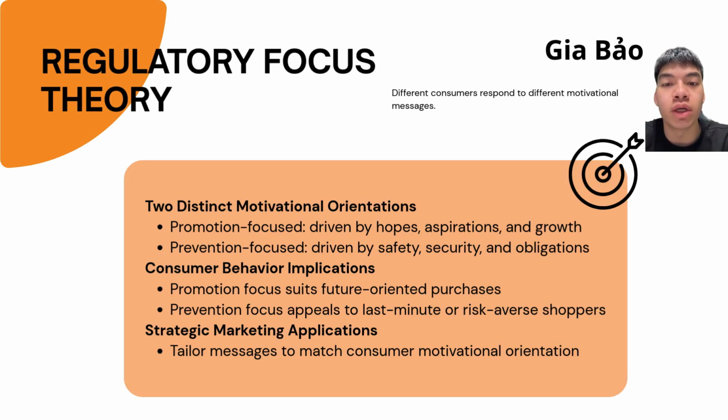Building on this, regulatory focus theory explains two different motivational orientations. On the one hand, the promotion focus means consumers seek growth and achievement. On the other hand, the prevention focus means consumers prioritize safety and security.